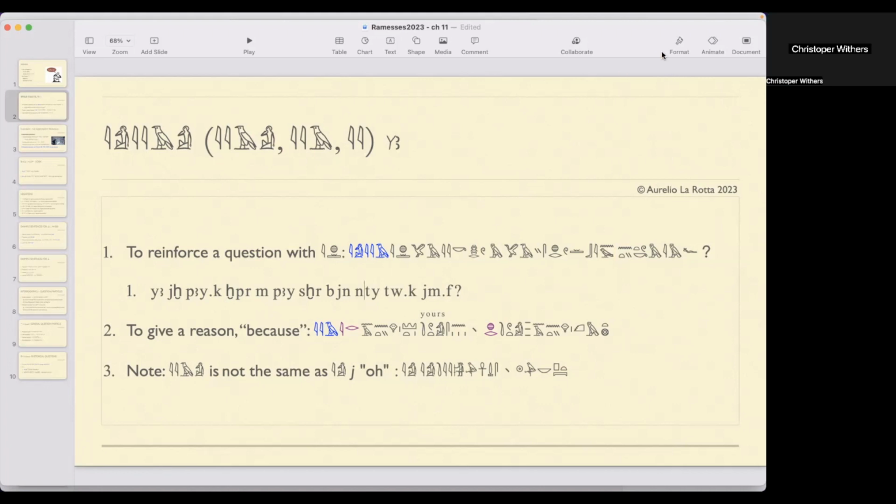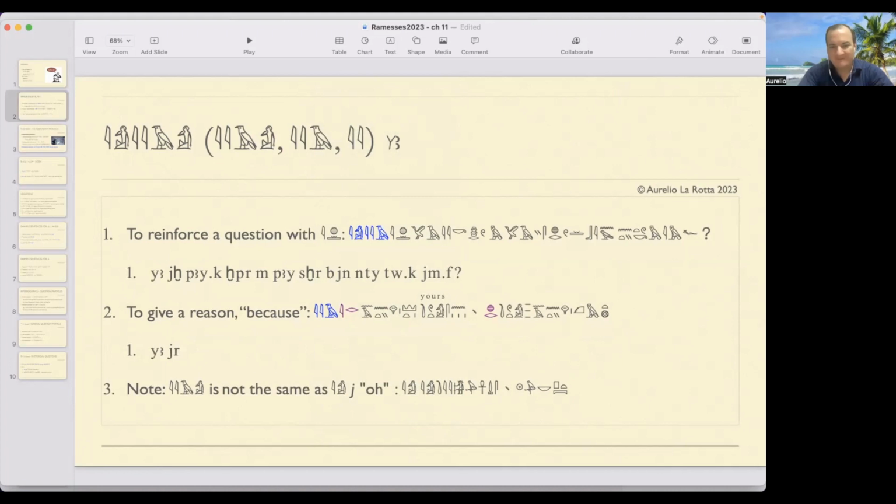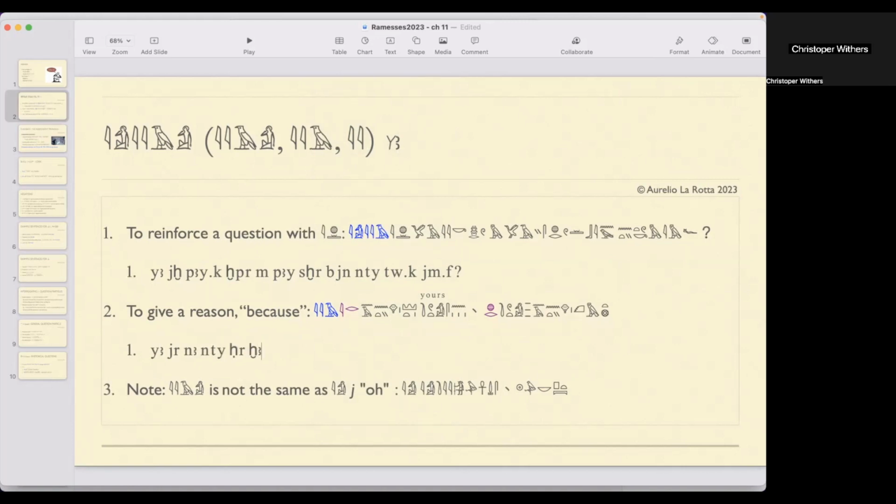Yeah, I'll try it. All right. This one has one tricky element. Okay, so let's see here. So we have ya, na neti, her chasset, dutzen.